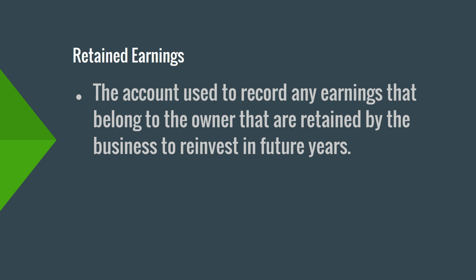So we're going to be using the retained earnings account to accumulate all of our closing entries for this example. That means that we only need 3 adjusting entries instead of the 4 that we were used to using for sole proprietors. So that's kind of nice.